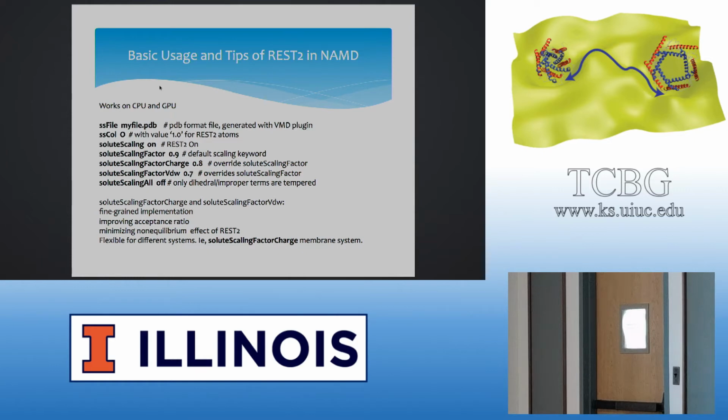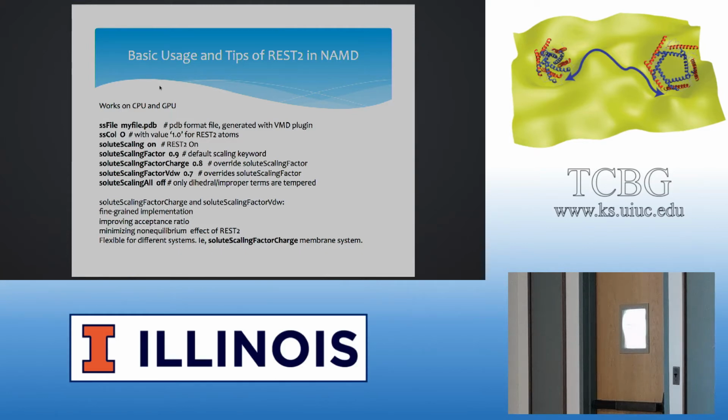In practice, only dihedral and improper terms contribute to some big conformation change. Bond and angle terms can be ignored. So solute scaling off means we ignore bond and angle contributions to REST2, and only consider dihedral and improper terms.